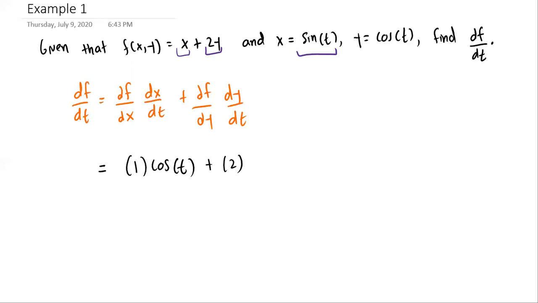Y is given by cosine t. The derivative of cosine t with respect to t is negative sine t. Okay. So just simplifying everything, derivative of f with respect to t is given by cosine t minus 2 times sine of t.